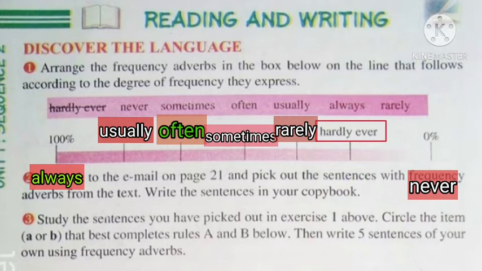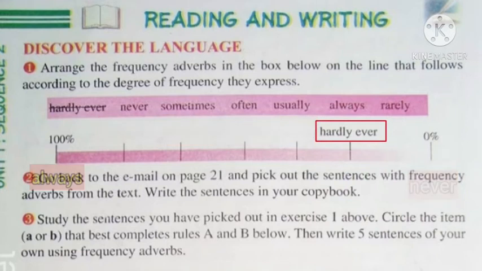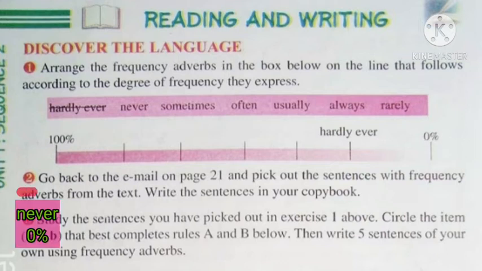Okay? We have arranged these adverbs of frequency, and now we can link each of these adverbs of frequency to a certain percentage, from low degree of frequency to high degree of frequency.